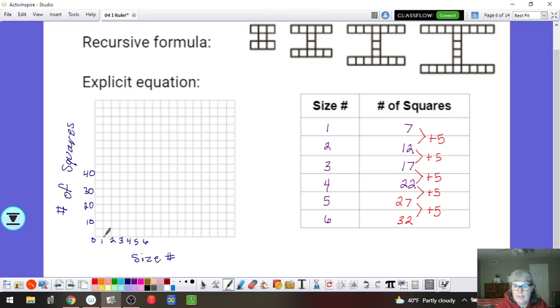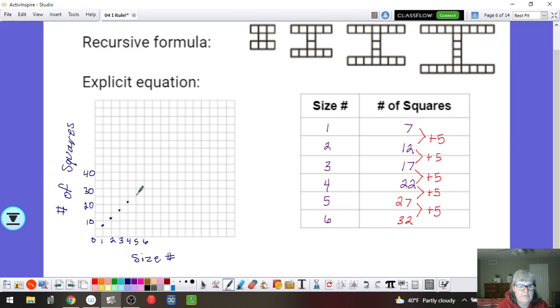So size 1 has 7 squares. Size 2 has 12. Size 3 has 17. Size 4 is 22.